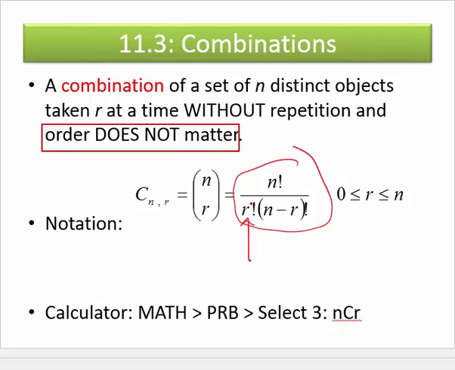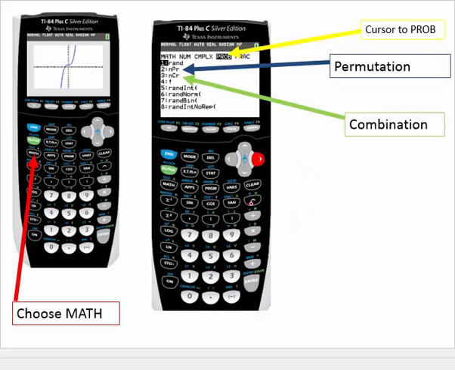So, and here's where you find them on your calculator. And by the way, I checked, even a little $12 or $13 calculator like the TI-30X has, you'd click on the PRB button for probability and you'll find permutations and combinations there. So on this graphing calculator, the permutations is number 2 there, which says nPr, and the combinations is option number 3, which says nCr.